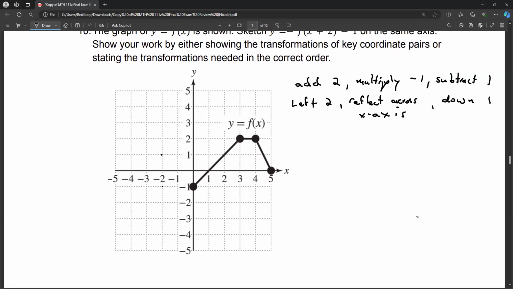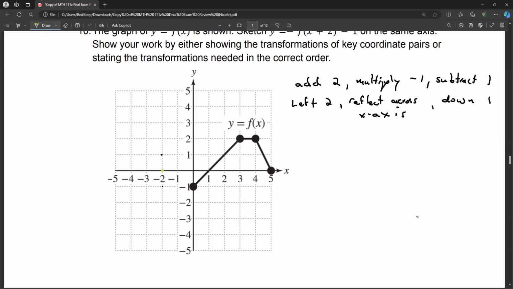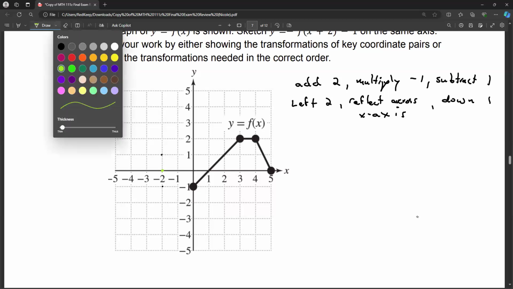And then I'm going to move it down 1. Let me change my color because this will be the final place. It's got to be right here, down 1.